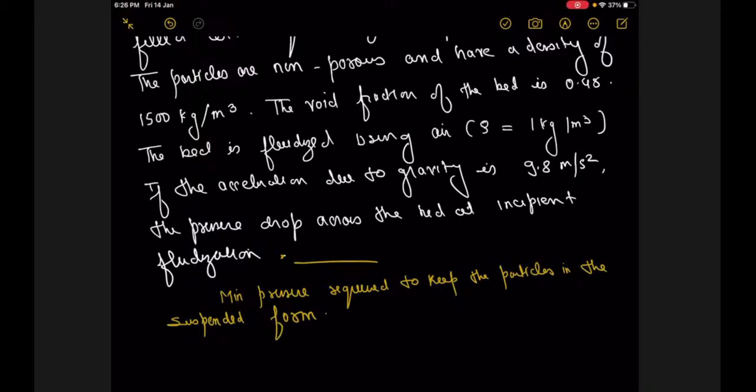That is the incipient pressure. Okay, so the formula is delta P by L equals (rho P minus rho) (1 minus epsilon) into G. So solve this.